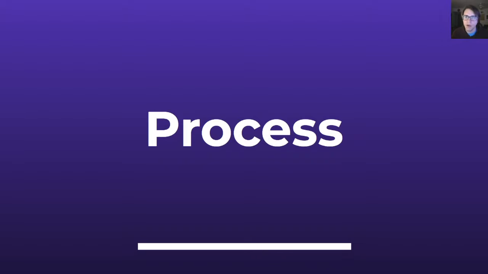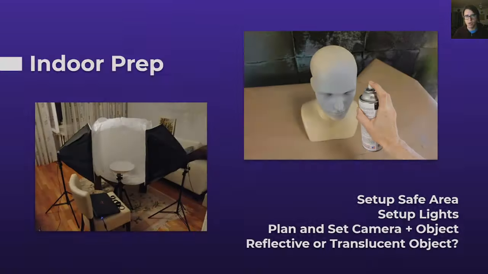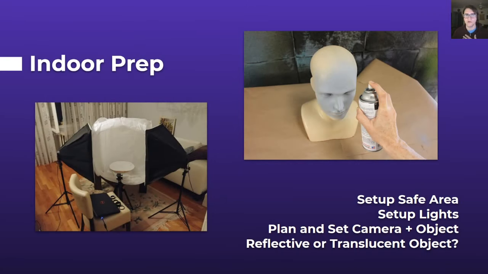Okay, so now that you understand the things that you need to be able to do 3D scanning in some way, I'm actually going to get into the process of what you need to be doing in order to get your 3D model. If you're shooting indoors, which is likely in the current state of things, you'll want to set up a safe area that doesn't have a lot of people running around.